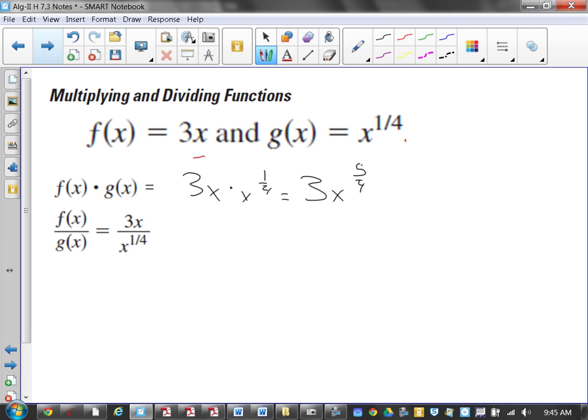When you're dividing them, remember you have to play that game of war. So who's going to win in this case? The 1 or the 1/4? The 1. So what do you get? 3x to the 3/4. Good. See how it's a mixture of what we've been working on? It's not a lot of craziness involved here at all.